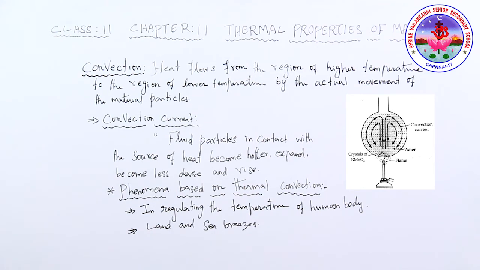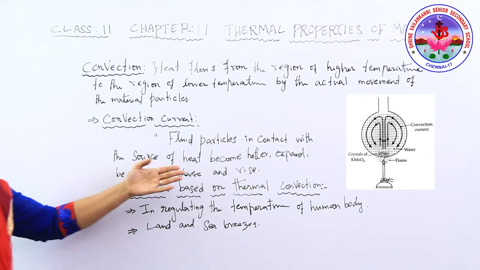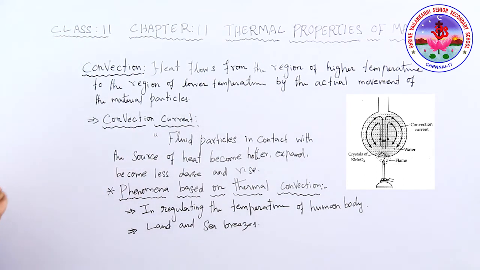The actual movement of the liquid can be seen by coloring the liquid with a potassium permanganate crystal at the bottom. You can easily see this in the laboratories, right?